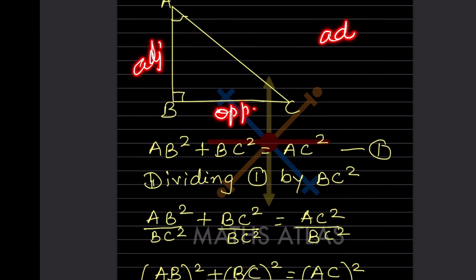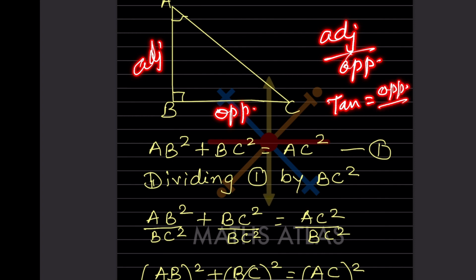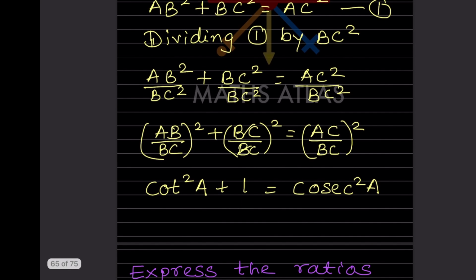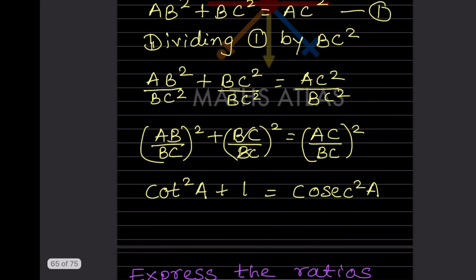So where do we get adjacent by opposite? We know tan is opposite by adjacent, so when you take the reciprocal of this, you get adjacent by opposite. That means tan theta is 1 by cot. So AB by BC is cot, so it is cot square A, and this will get cancelled, that will be 1.